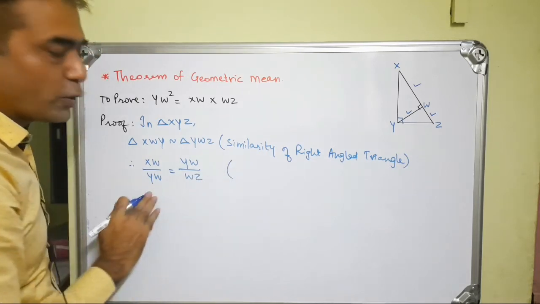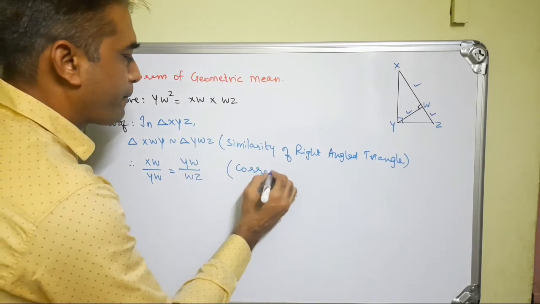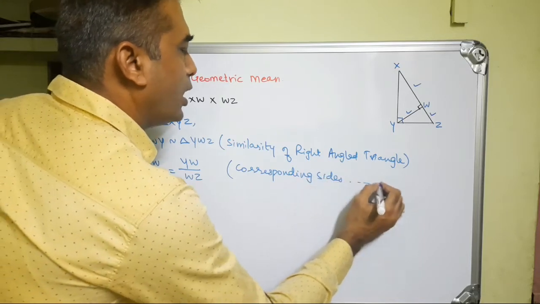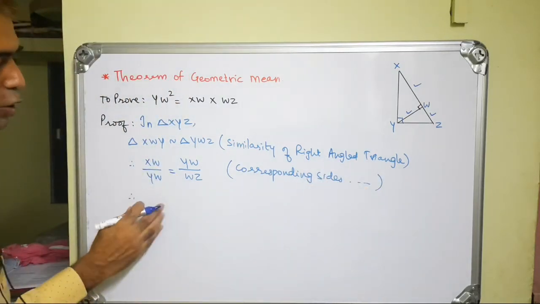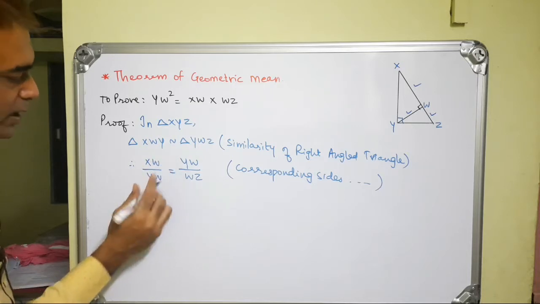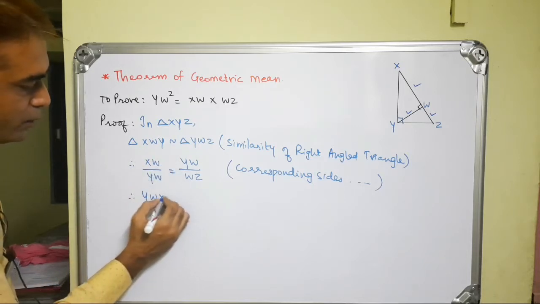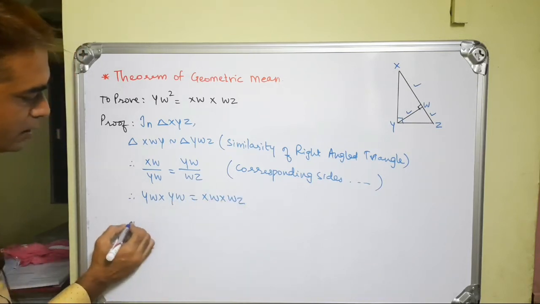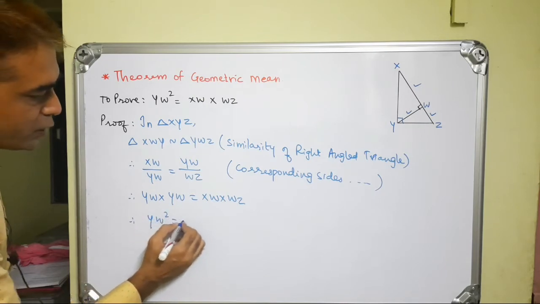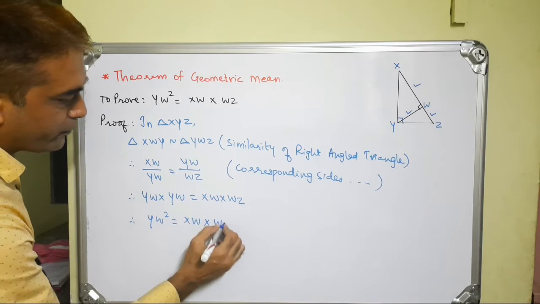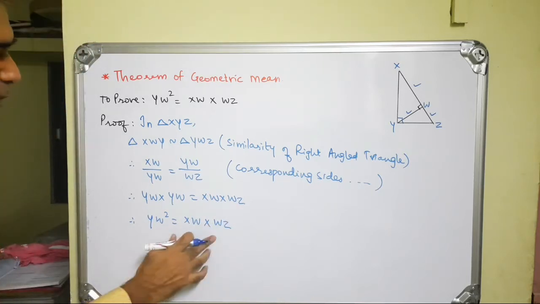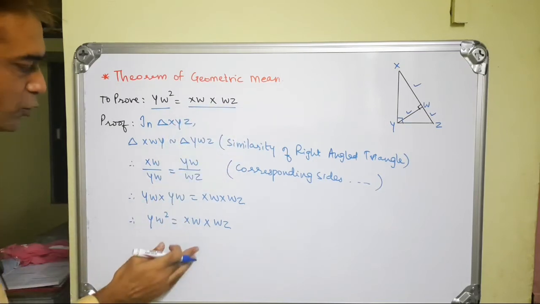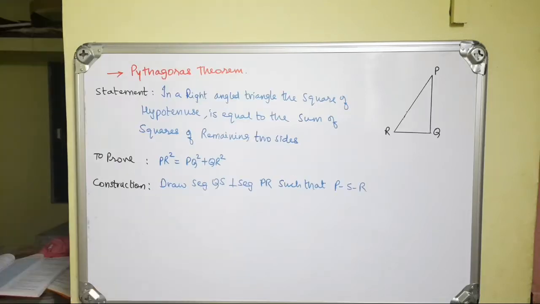These corresponding sides are proportional. Therefore, now we will do cross multiplication: YW multiplied by YW equals XW multiplied by WZ. Therefore YW square equals XW multiplied by WZ. And this is what we had to prove. So we have proved it here.